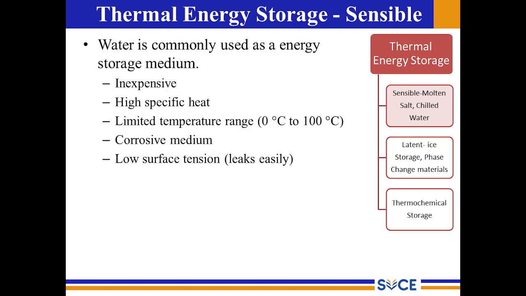A very commonly used fluid for sensible heat storage is water, mainly because it's easily available. It has a high specific heat capacity, and the disadvantages are it has low surface tension and it's a corrosive medium. It leaks easily.